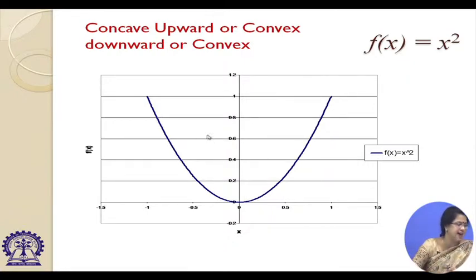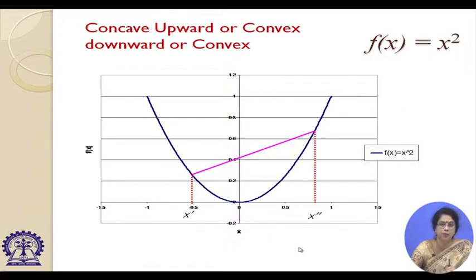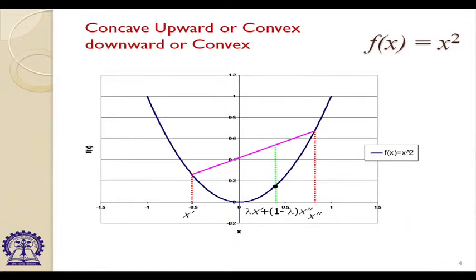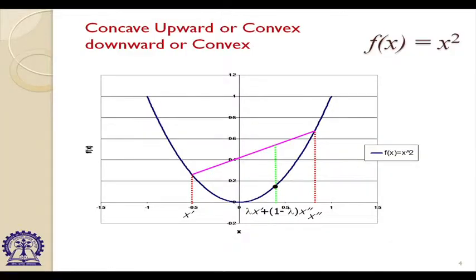The definition is that if I take 2 points from the domain, x prime and x double prime, and I join them with a line, then the functional value at any point will be lesser than the value at the point lying on the line joining these two points. All right, that is the basic definition. How mathematically we can say it, I will tell you next. This is a convex function.